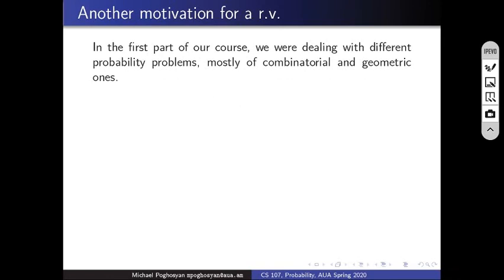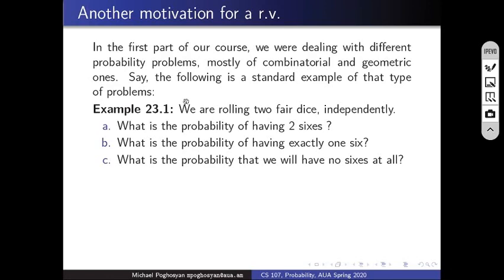Now, another motivation for random variables. In the first part of our course, we were dealing with different probability problems, mostly of combinatorial and geometric types. And we have solved a lot of examples of this type. Say, this example is asking the following.